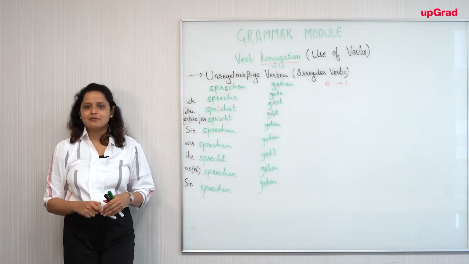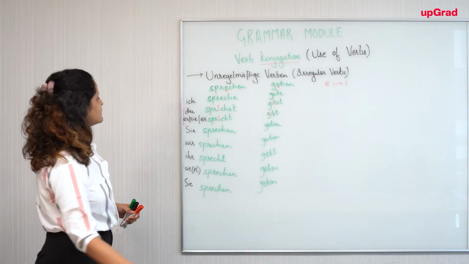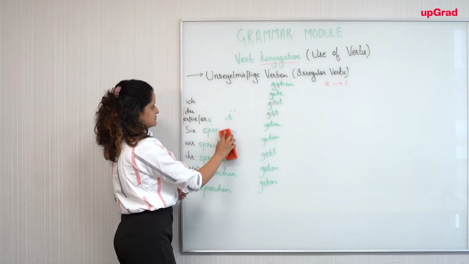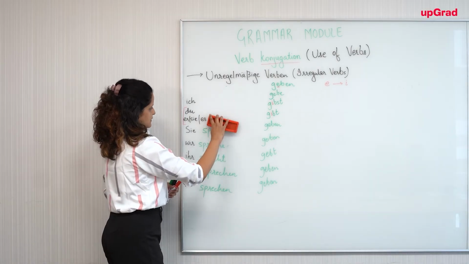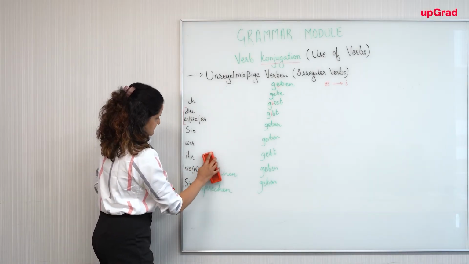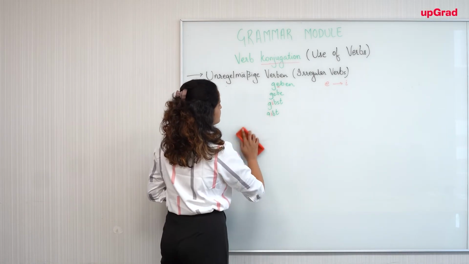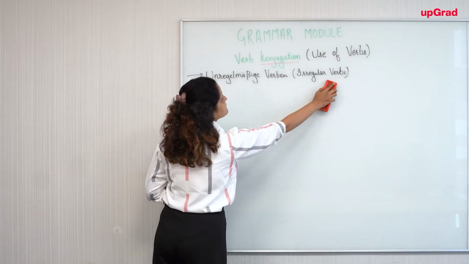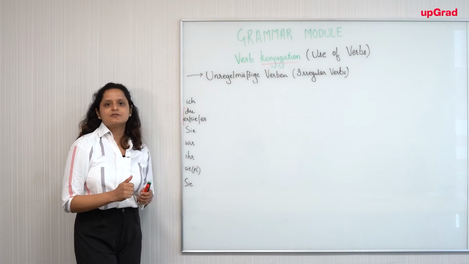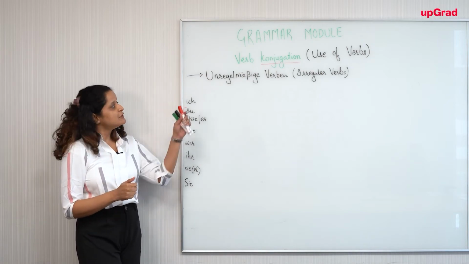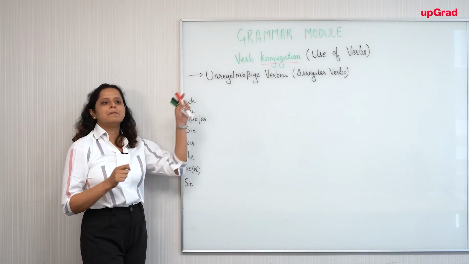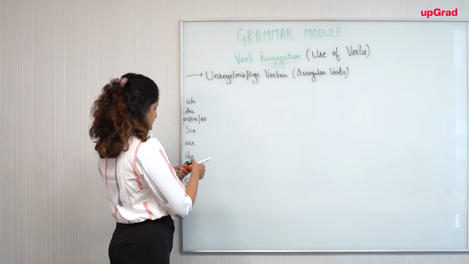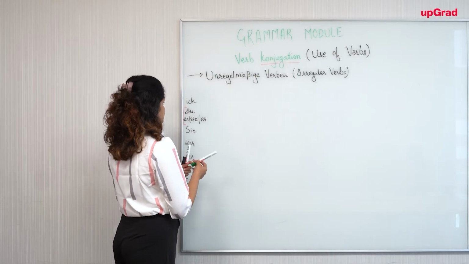And now let's go to the third category of verbs, which are irregular verbs, but they are still conjugated in a little bit different manner.